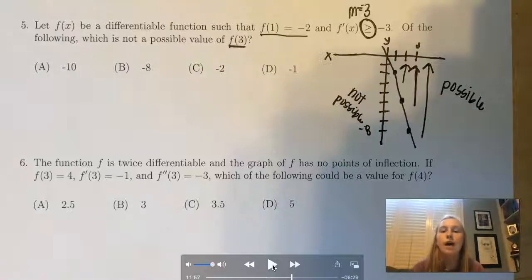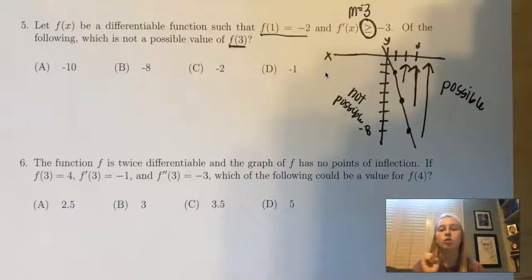Okay, so as you can see, I drew that on the right of the line, or on the upper side of the line is possible, and then below the line, or on the left side of the line, is not possible. And the way I gathered that is, as it says, the f prime of x is greater than or equal to. So if it's greater than, then that means this slope can also be -2, -1, or 0, or even a positive slope.